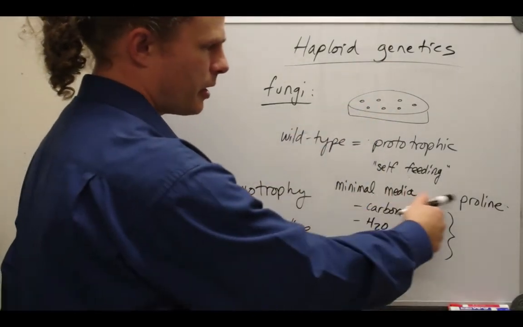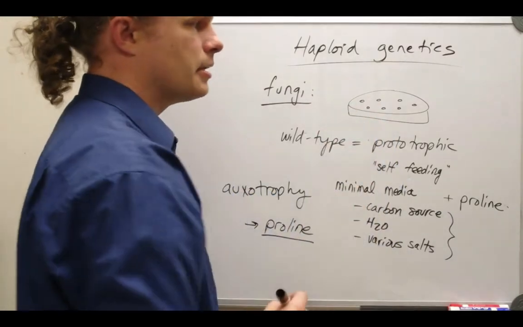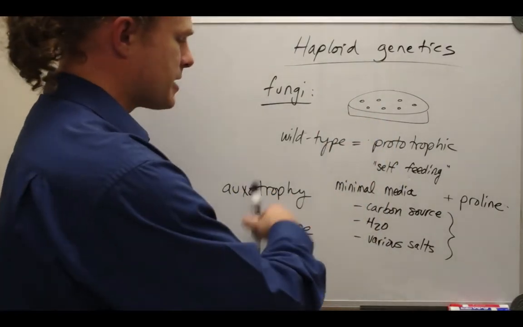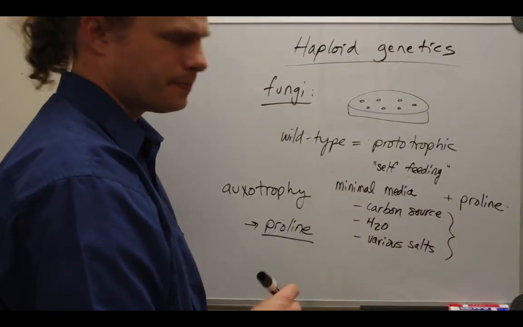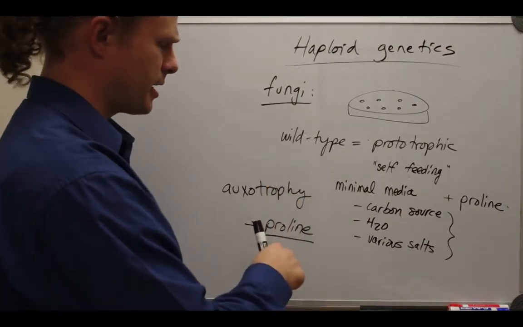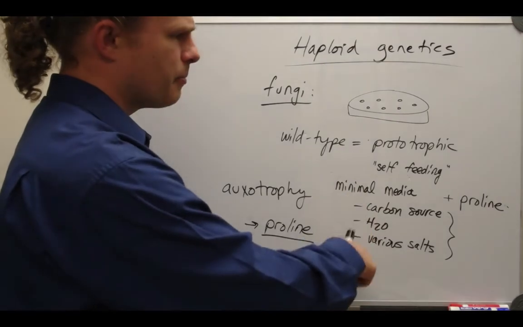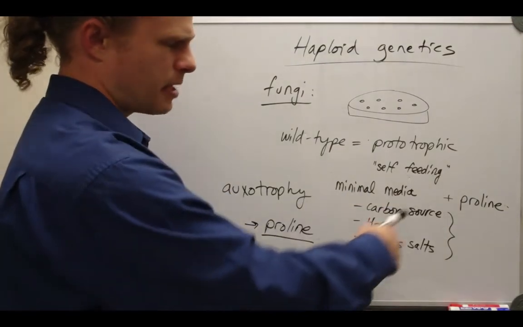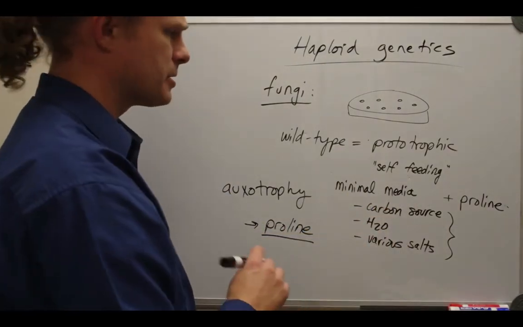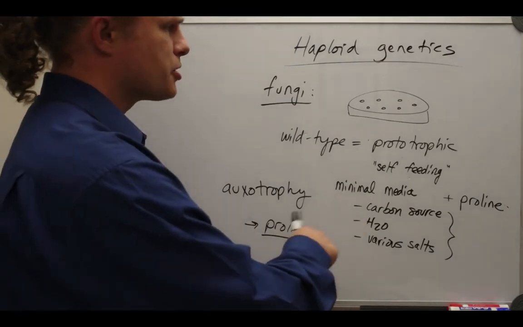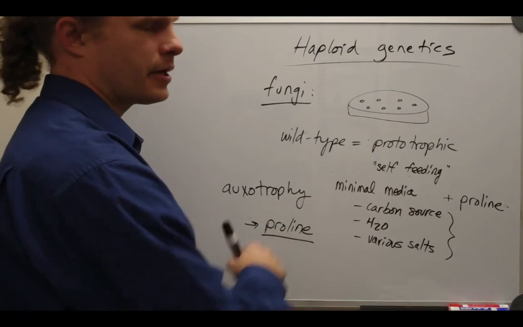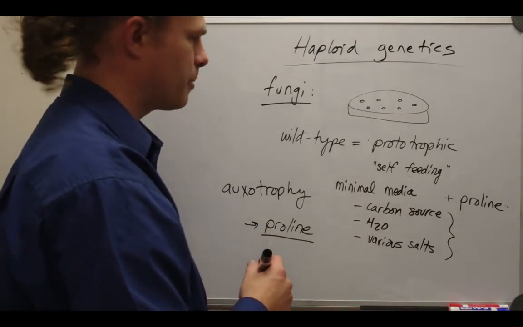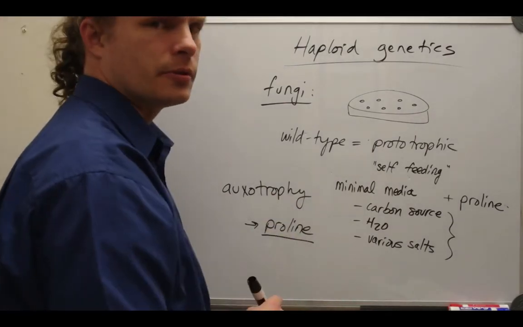If it's minimal media plus proline, then we would see this fungus as able to grow, whereas on minimal media it would not be able to grow. And as we'll see in the next segment, this ability to supplement minimal media with various supplements such as amino acids or vitamins and things like that allows us to screen, to search for mutations that affect different biochemical pathways in haploids. And that's what we'll turn to in the next segment.